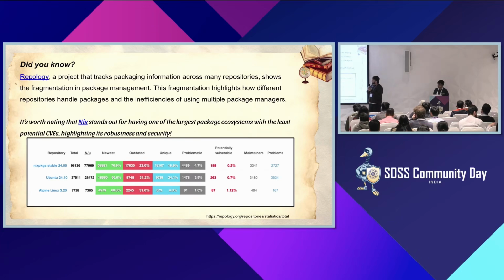Over here, you'll see Nixpkgs, which is a declarative package manager, has the most packages compared to Ubuntu and Alpine. And the potential vulnerability for it is 0.2, which is less than Ubuntu and Alpine, which proves the point that declarative management helps with patching vulnerabilities.